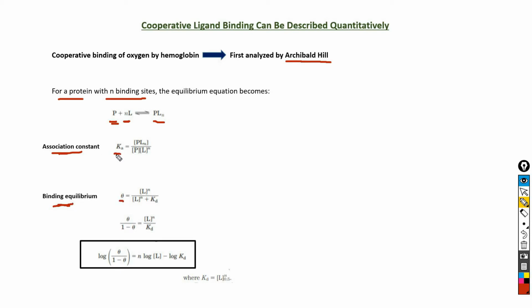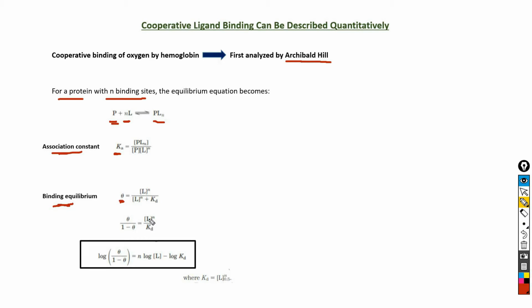The expression for association constant, Ka, equals the concentration of product divided by the concentration of reactants, that is, concentration of PLn divided by concentration of P times concentration of L to the power n. Whereas binding equilibrium, or theta, is equal to concentration of L to the power n divided by concentration of L to the power n plus Kd.